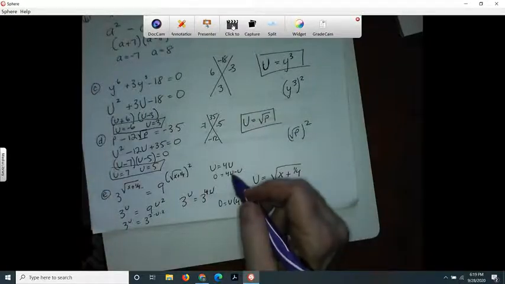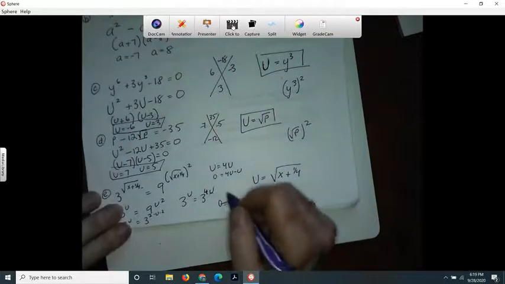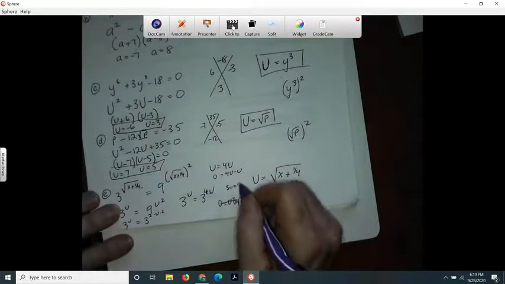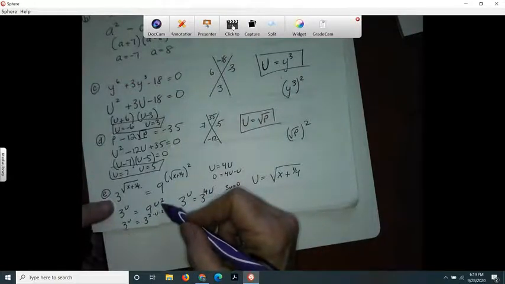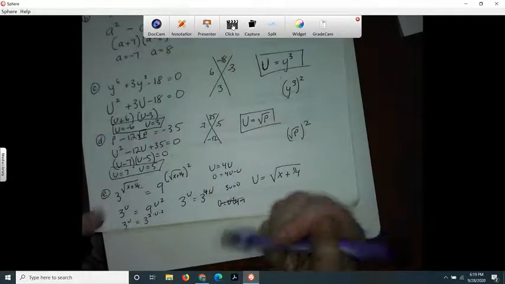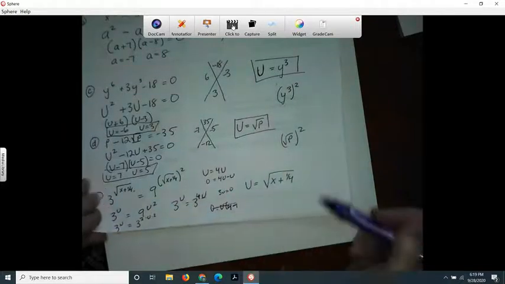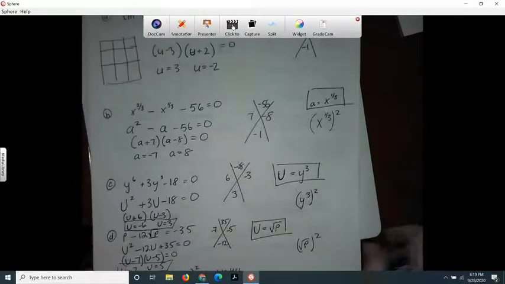Well, 0 equals 3u. So u would be 0. 3 to the 0 equals 9 to the 0. Right? I don't know. We're not supposed to solve them anyway, but I hope you get the idea.